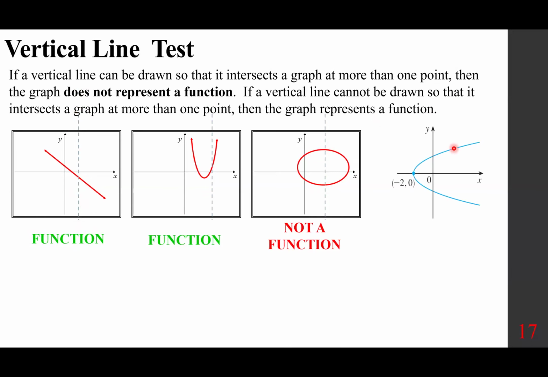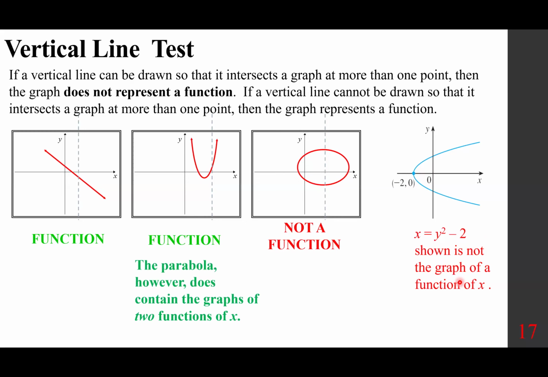You don't even have to draw a vertical line. This y-axis acts like a vertical line, and right here there are 2 points, so it fails to be a function. This happened to be x equals y squared minus 2. You may remember it from intermediate algebra. Shown is not the graph of a function of x. It's not a function.